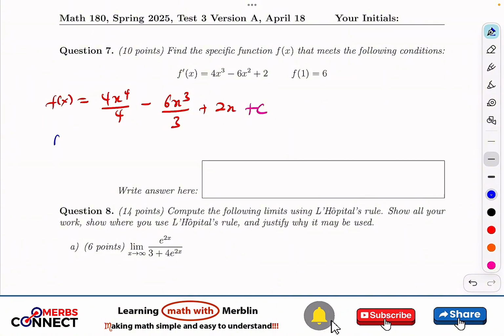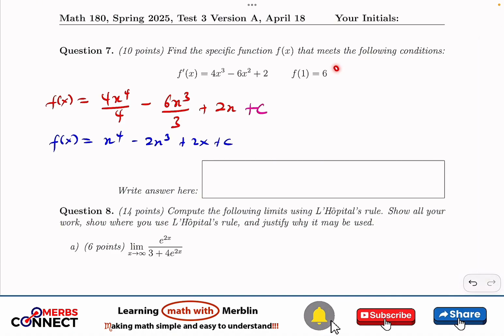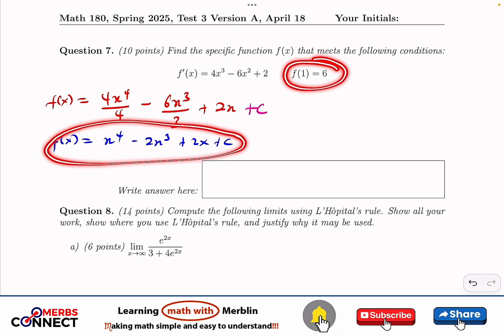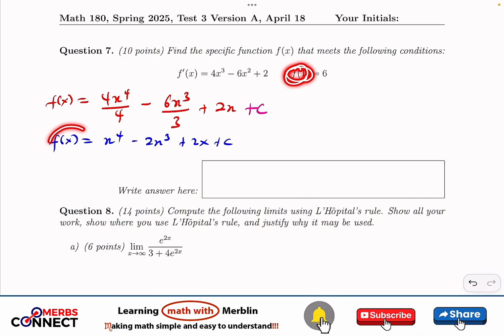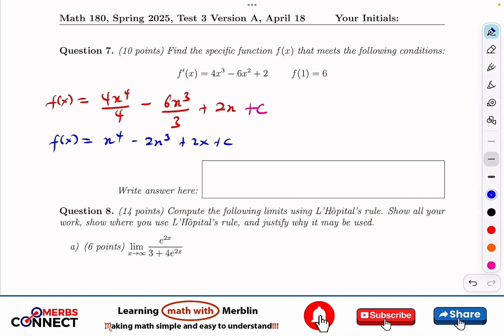So we can simplify this and have f of x is equal to x to the power 4 minus 2x to the power 3 plus 2x plus c. Now this initial condition will help us to find c. So let's do that. When you compare this to this, x is 1, so we are going to have f of 1 equal to 1 to the power 4 is 1, minus 1 to the power 3 is 1 times 2 is 2, plus 2, plus c.